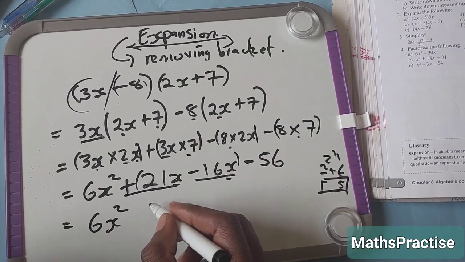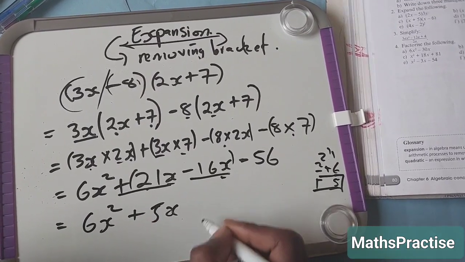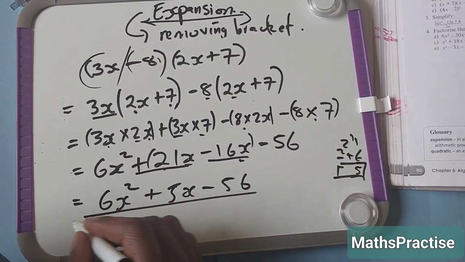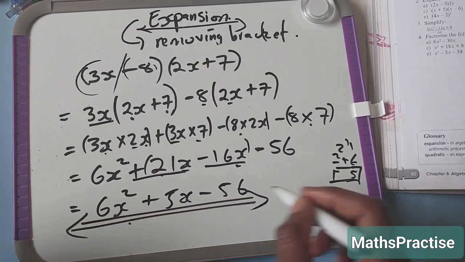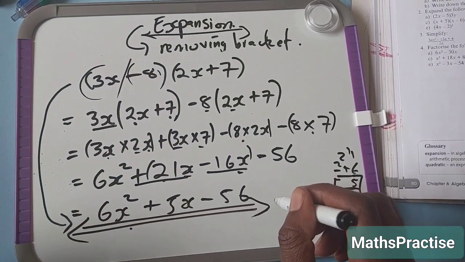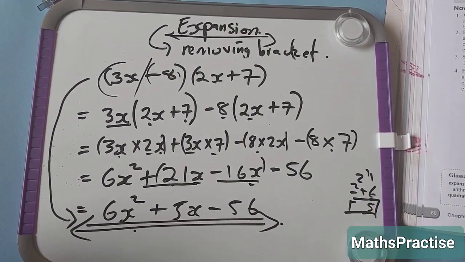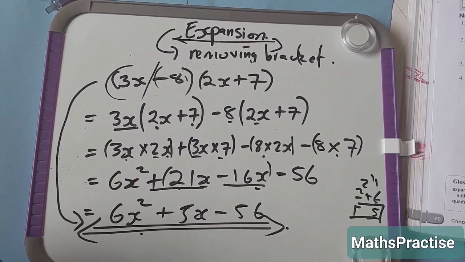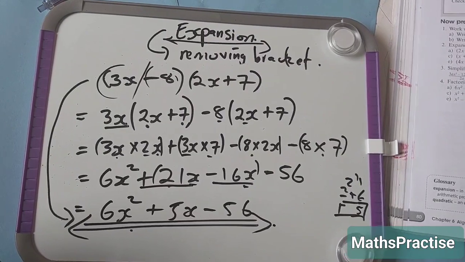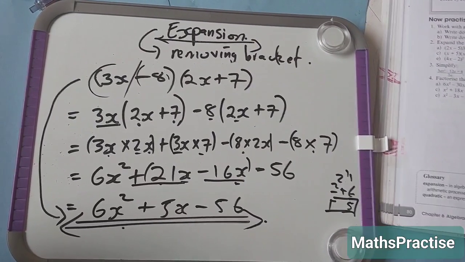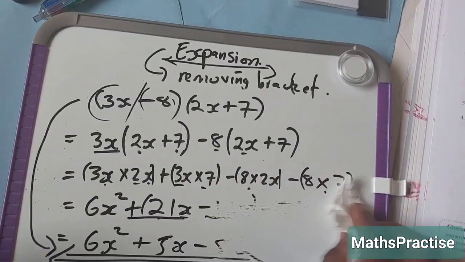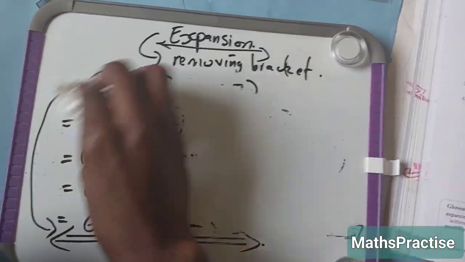Then it becomes plus 5x, minus 56. And now this will be our final answer. So we moved from this point to this point, and we have expanded. Basically we were just following the laws in mathematics, like you work out the brackets first, and you must know when to multiply and when not to multiply.